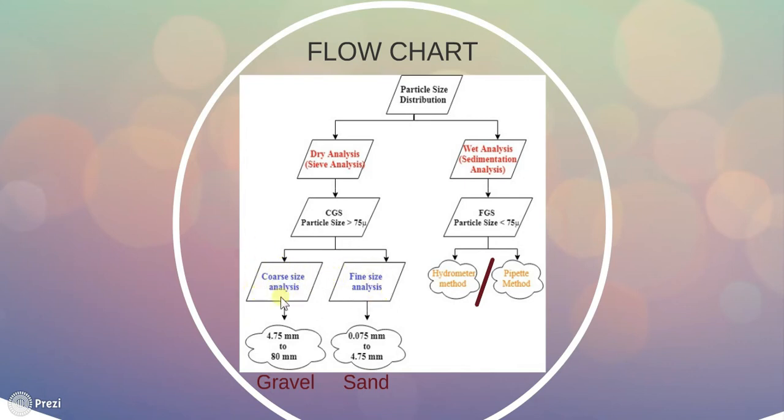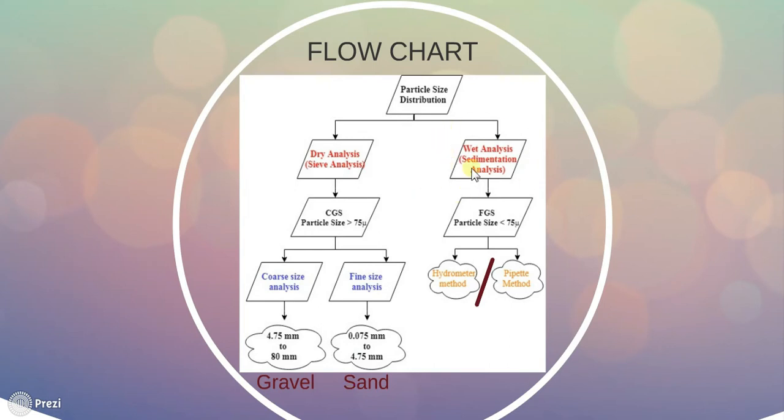Coarse size sieve analysis consists of a set of coarse sieves starting from 100 mm to 4.75 mm, and particle size 4.75 mm to 80 mm are often known as gravels, whereas fine size sieve analysis consists of a set of fine sieves starting from 2 mm to 75 micron, and it will give particle size from 0.075 mm to 4.75 mm, often known as sand.